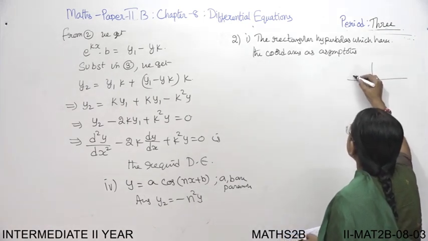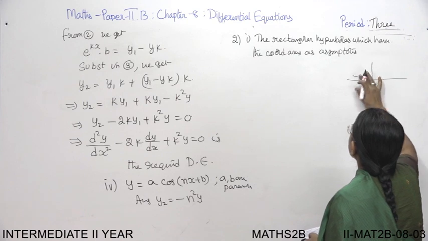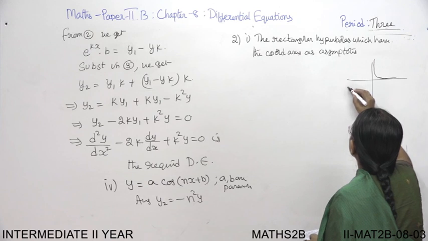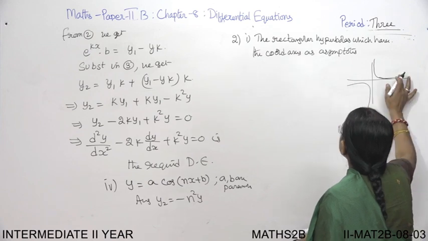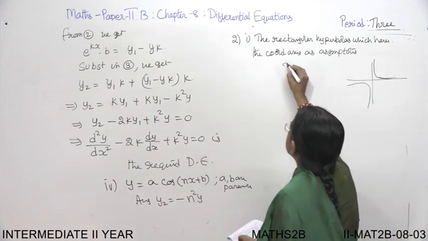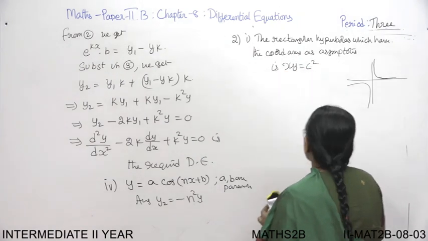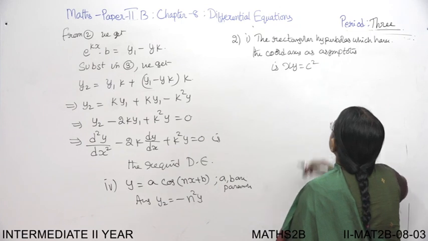These are the asymptotes. So you'll have the hyperbola like this. So the equation is xy is equal to c square, where c is the parameter.